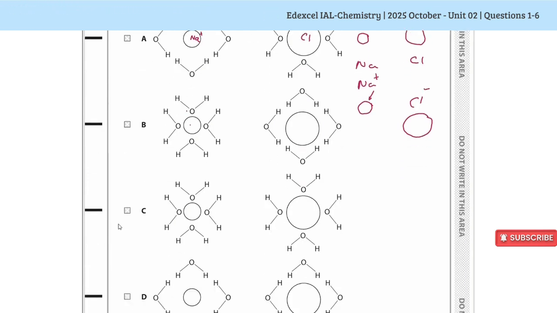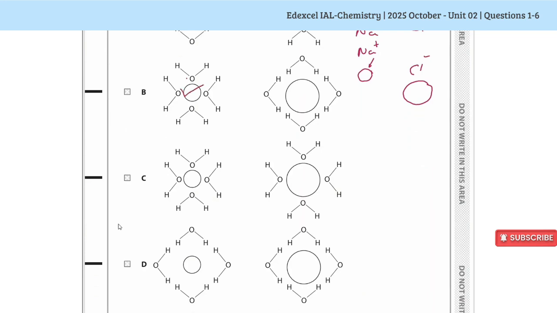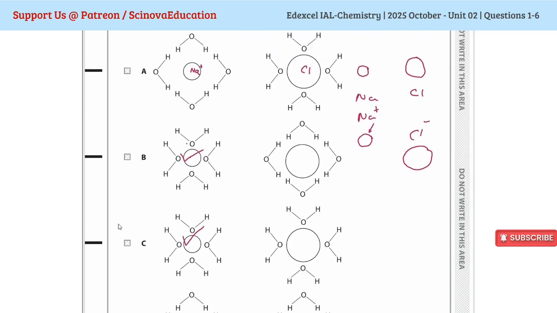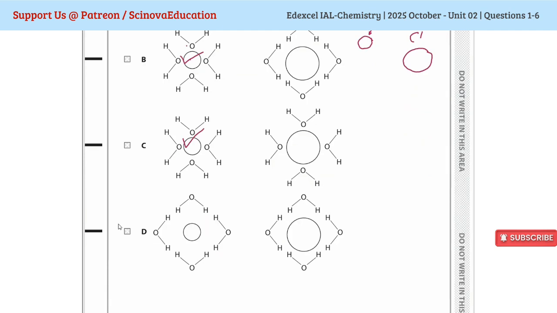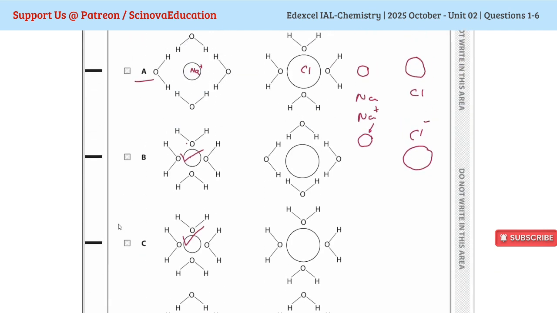Out of these diagrams, B and C show that kind of interaction, but A and D do not. Therefore, we can reject options A and D. We'll just look at B and C only.